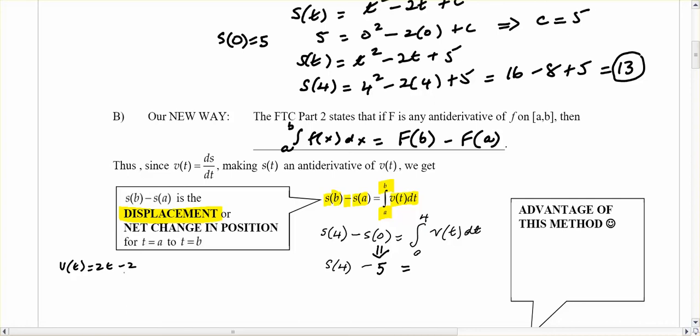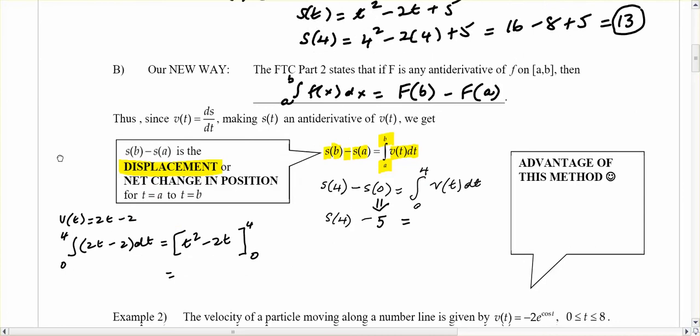2t minus 2. So if I take the definite integral from 0 to 4 of 2t minus 2 dt. Okay, remember we write the antiderivative in the square brackets. Antidifferentiate is t squared minus 2t. We don't need to bother with the c because if I put c in, when I do my subtraction, the two c's are going to cancel.